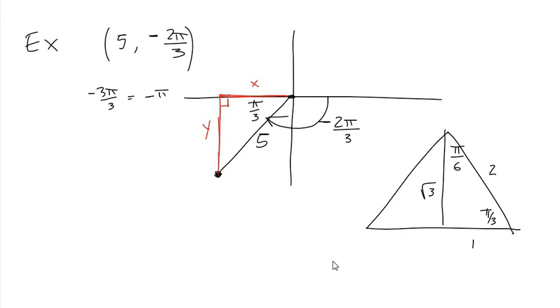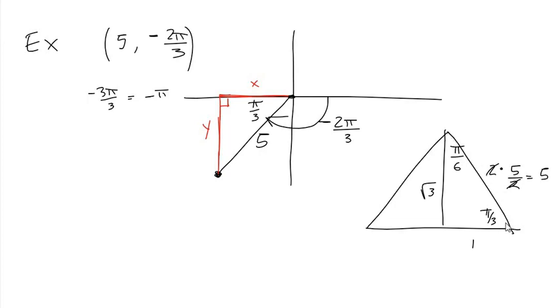Usually I've got these lengths on my 30-60-90 triangle, but now I want the hypotenuse to be 5. Okay, so I need to multiply 2 by something that will make it 5. To make that 5, I need to multiply by 5 over 2, because if I multiply by 5 over 2, then the 2s cancel out and leave me with 5.